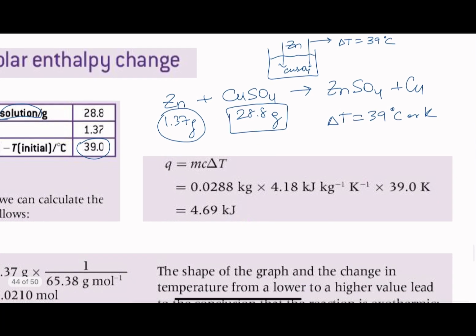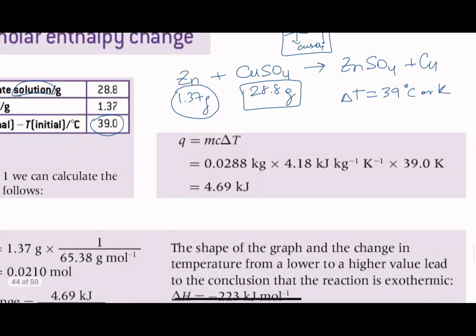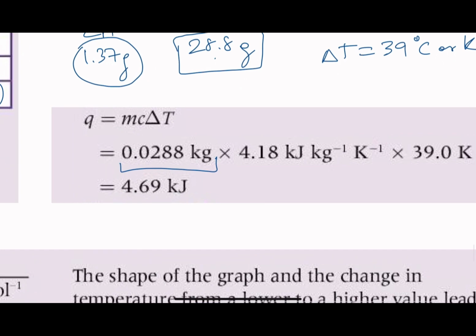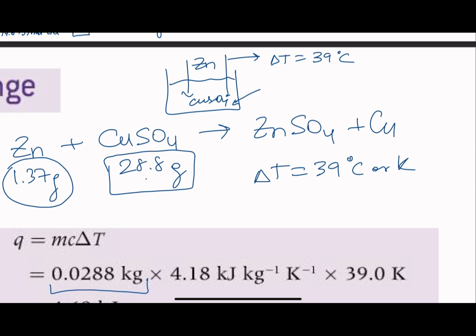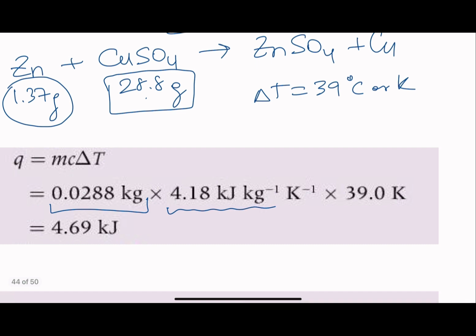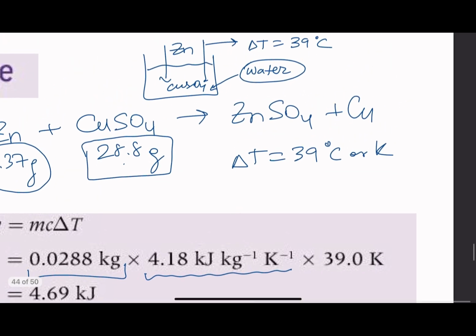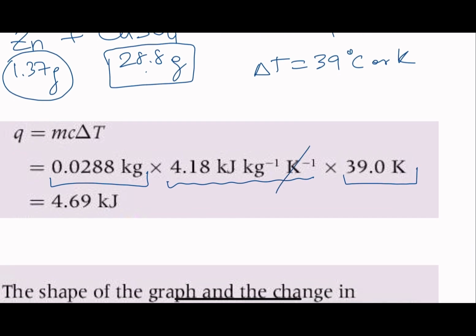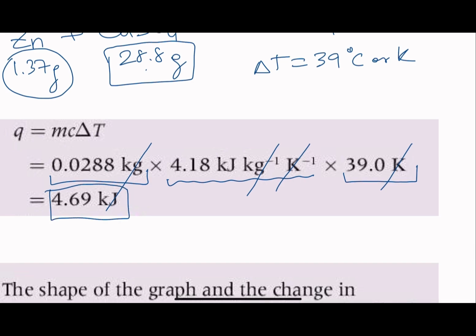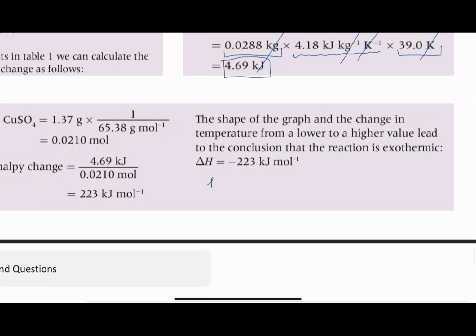So let's find the Q, MC delta T. They did it over here, so M is the kilogram of the copper sulfate solution. And because copper sulfate is made by adding water, that's why they're using the water's specific heat capacity. And then they use the delta T, which is 39 Kelvin. Now Kelvin cancels Kelvin, kilogram cancels kilogram, and then you have 4.69 kilojoule. And that is going to be for 1.37 gram of zinc.